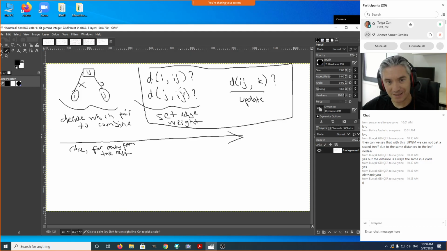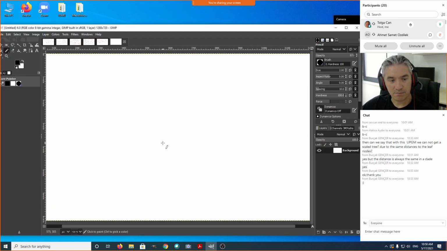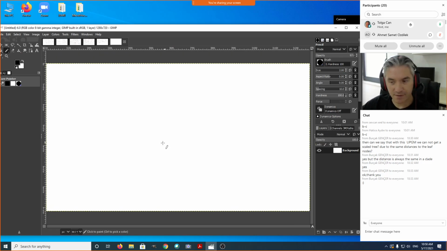The neighbor joining algorithm makes use of distances on three paths to compute these things. Let's start with this simple one first. What is the distance of the combined node ij to some node k?